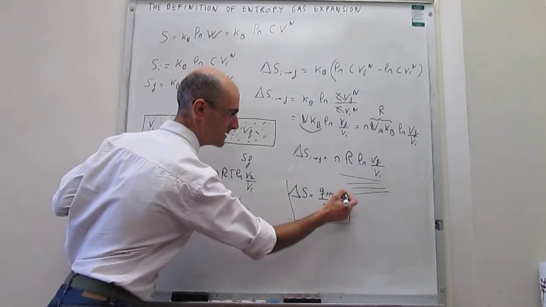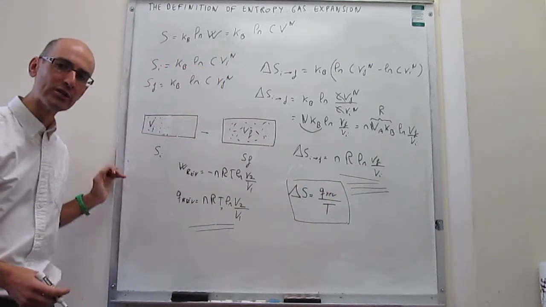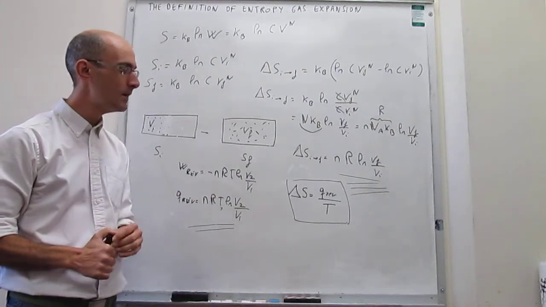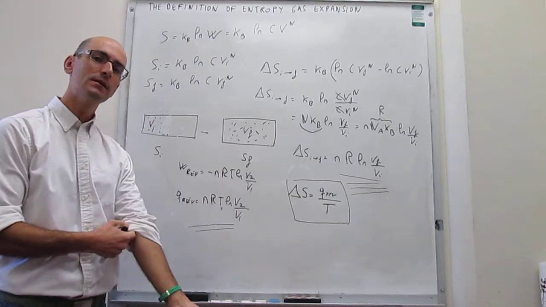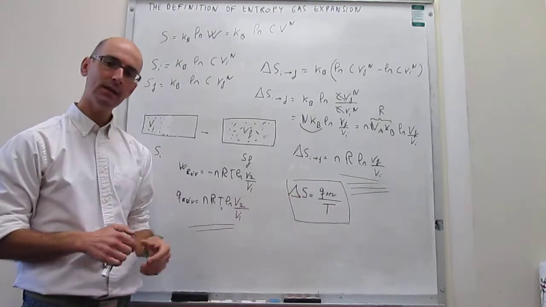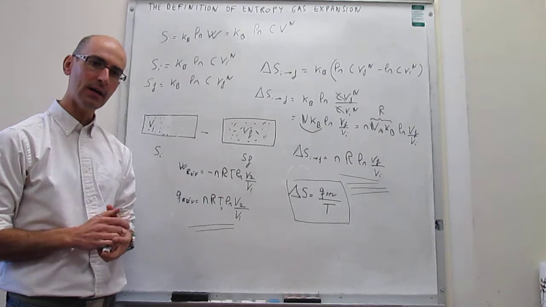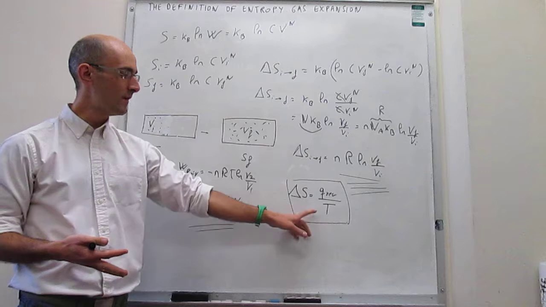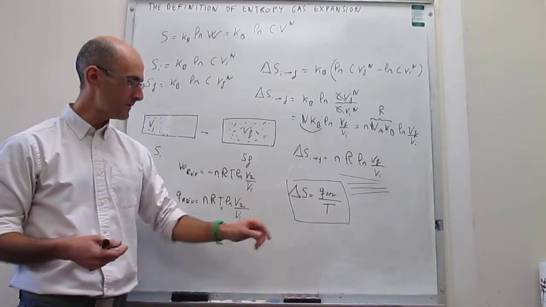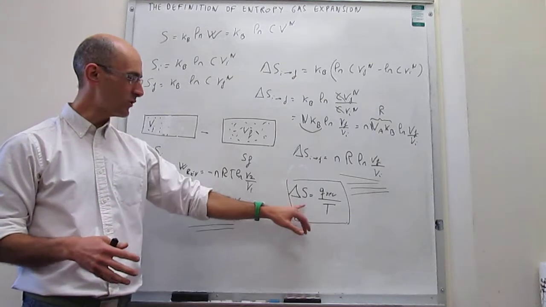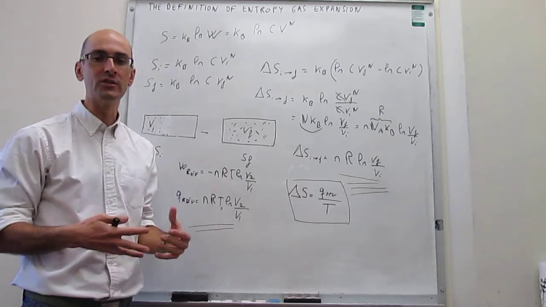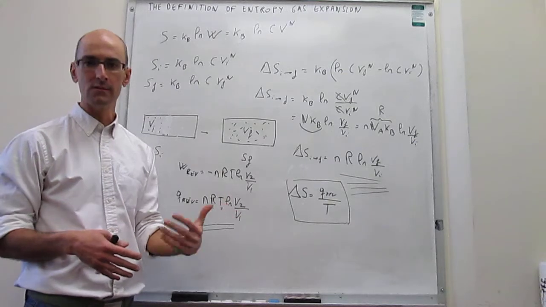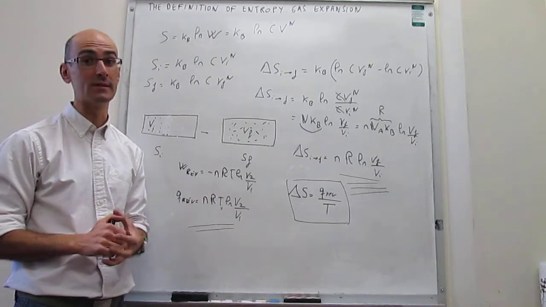It turns out that this definition is entirely general. Whenever you want to calculate the change in entropy for a system, the only thing you have to do is compute the heat transferred to the system or out of the system if the process were reversible, divided by the temperature. That is entirely general, and we're going to utilize this expression to calculate changes in entropy not only in gas expansions but also in phase transitions, chemical reactions, and many other chemical processes.